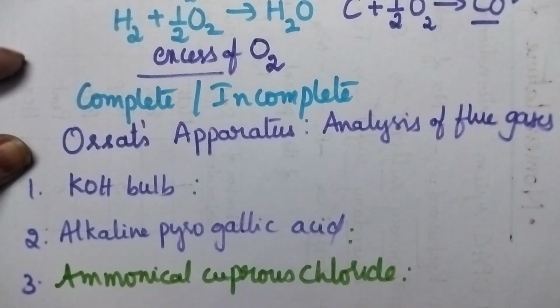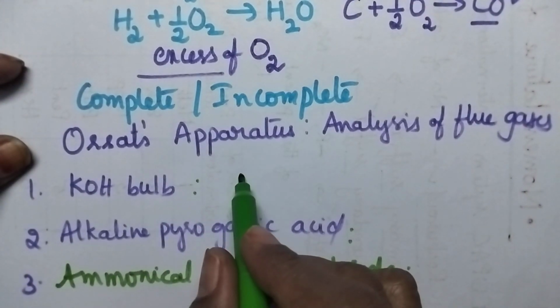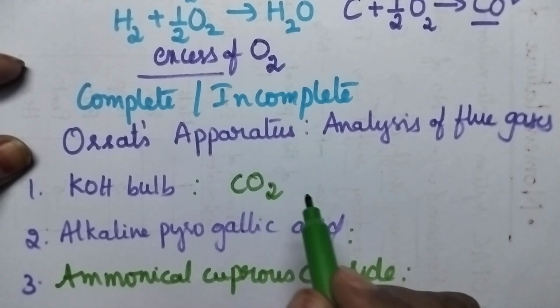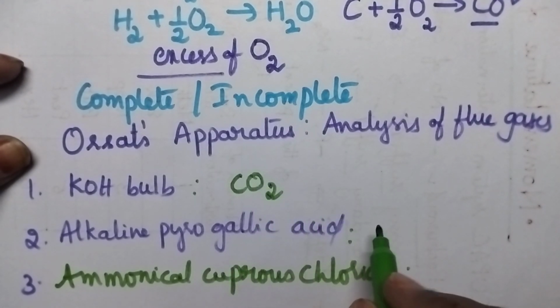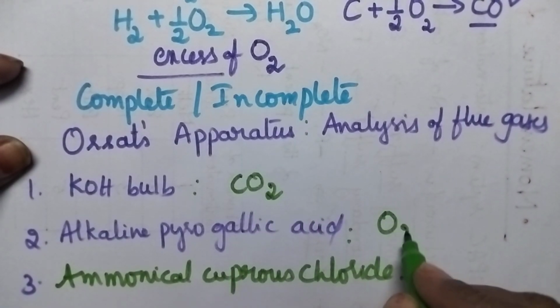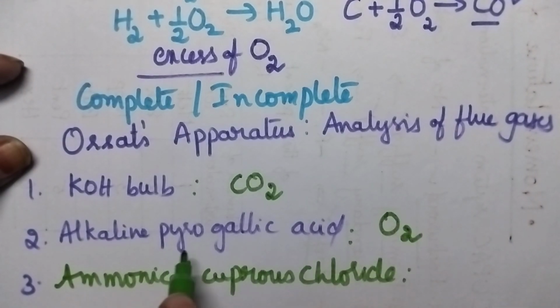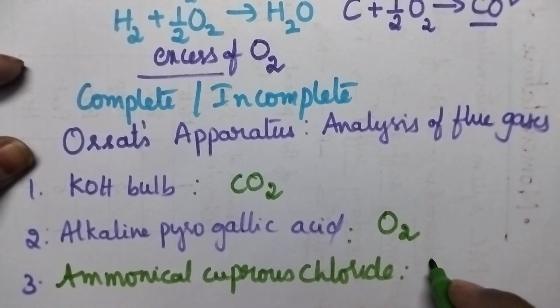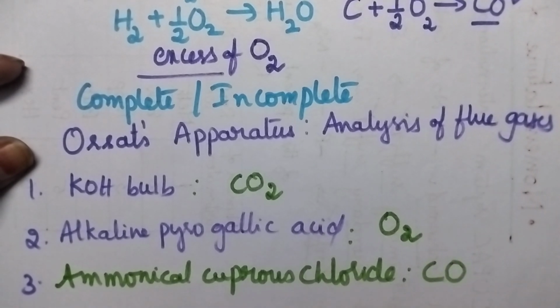So if the flue gas contains carbon dioxide, that will be absorbed in KOH bulb. If the flue gas contains excess of oxygen, that will be absorbed in alkaline pyrogallic acid bulb. If the flue gas contains carbon monoxide, it will be absorbed in ammoniacal cuprous chloride bulb.